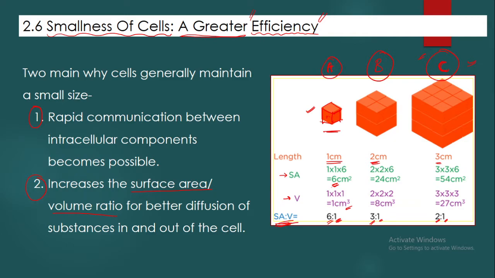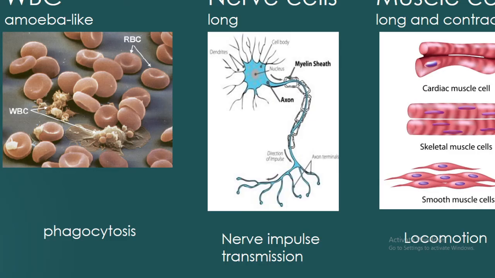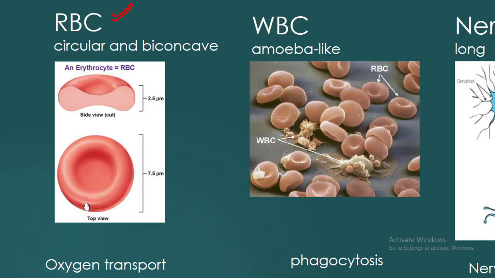Now the shape of the cells. Okay, the shapes of the cells are also very diverse. For example, the RBC. You can see how it looks, like a flying disc, you know, some of you may play with a frisbee or flying disc.